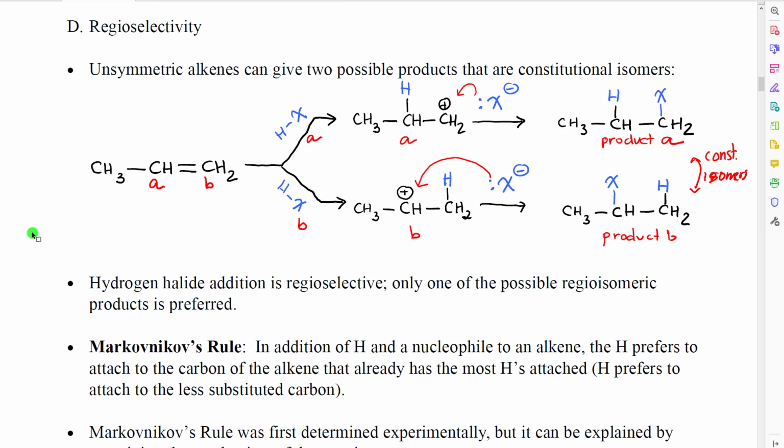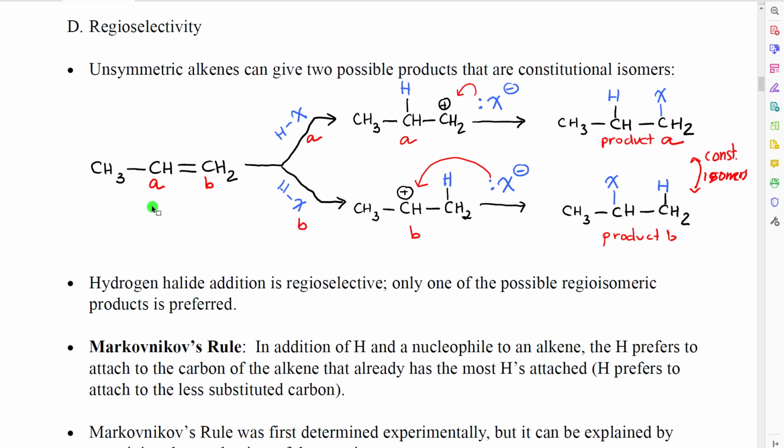When unsymmetric reagents, in other words, reagents where the electrophile and the nucleophile are not the same, react with an alkene that is also not symmetric, in other words, where there are different substituents on the 2 carbons of the alkene, then we can produce constitutional isomers. Here's an example.